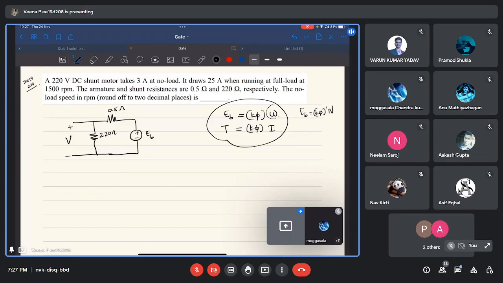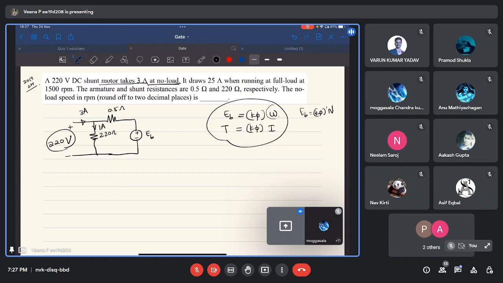So in the given problem, we are asked to find the no load speed. At no load condition, we are given that the motor takes 3 ampere. Applied voltage is already given as 220. So this became a simple networks problem. 220 volts applied across 220 ohms, so 1 ampere will flow in this direction.